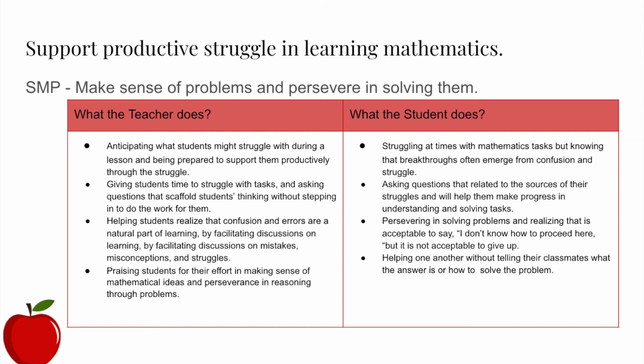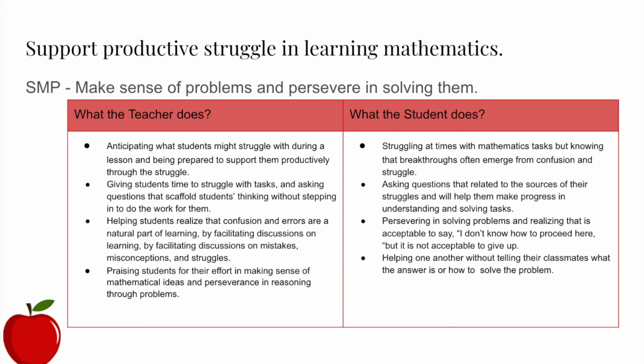Now, do they have the prior knowledge they need? Do they not? What can I do as a special needs teacher to help that student to develop the skill and give them an opportunity to work through these problems? I want to give the student ample time to struggle so that they can ask questions, so that we can scaffold their learning and their thinking without taking the work away from them.